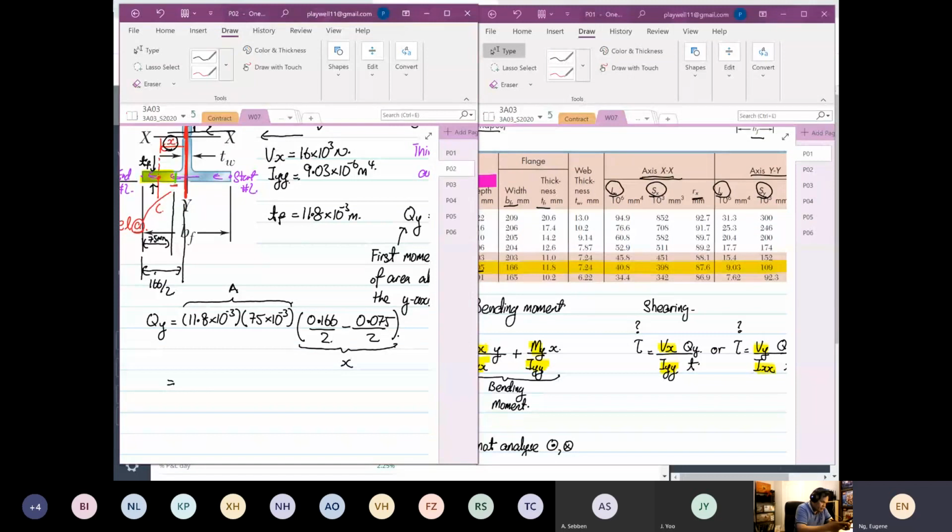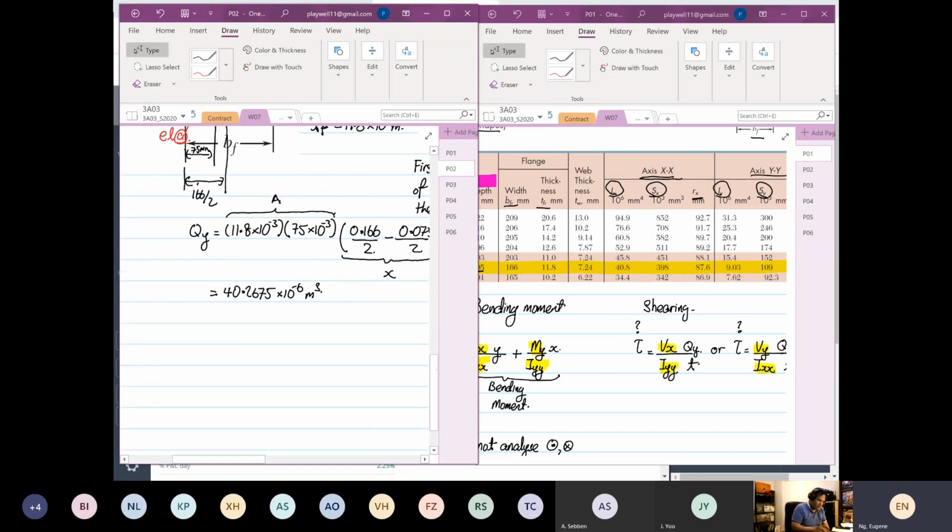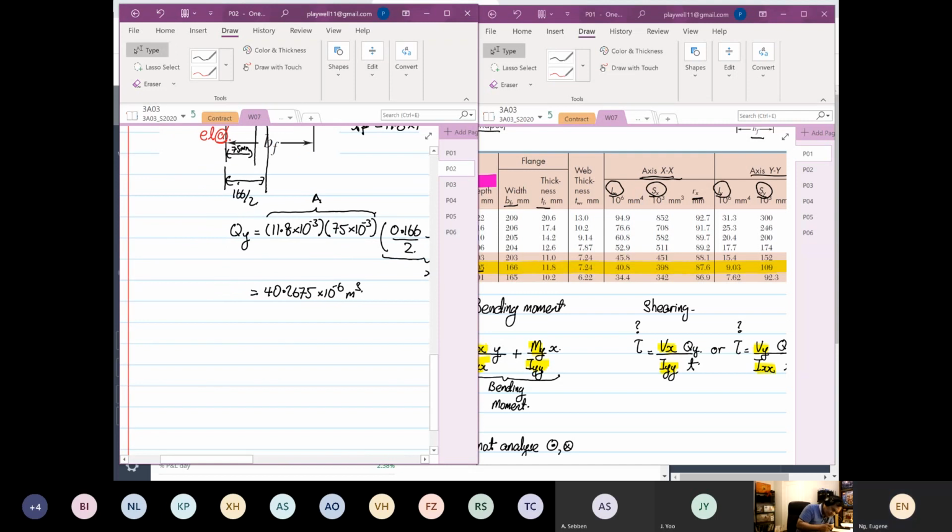So it's equal to 40.2675 times 10 to the power minus 6 meter cube. And then finally, now you have everything. So now you calculate your shear in your xz direction, which is equal to your shear in the zx direction.